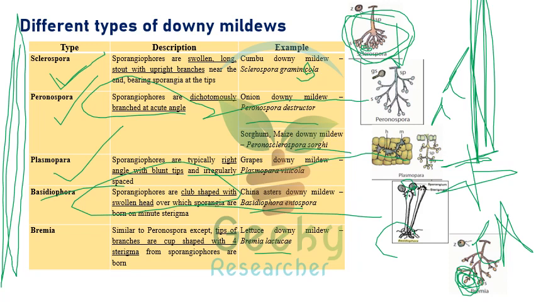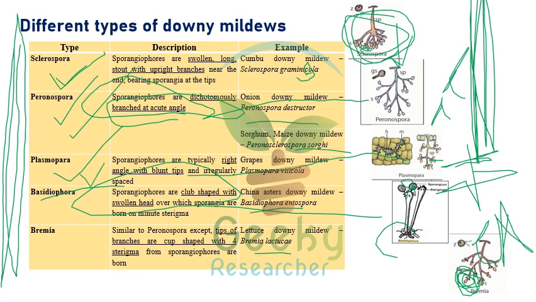So I will tell you how they can ask the questions. They will simply ask: downy mildew sporangiophores dichotomously branched at acute angle is the special feature of which fungus? Here, dichotomously branched with acute angle is the special feature of Peronospora. If it is right angle with blunt tips, it is the special character of Plasmopara.